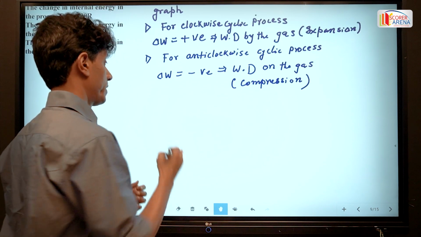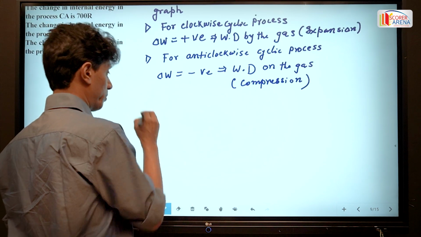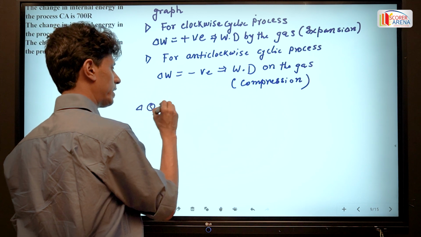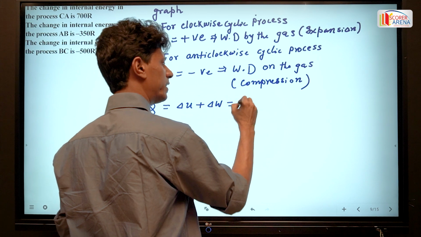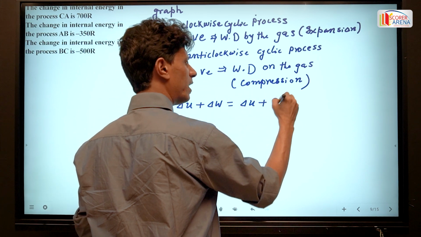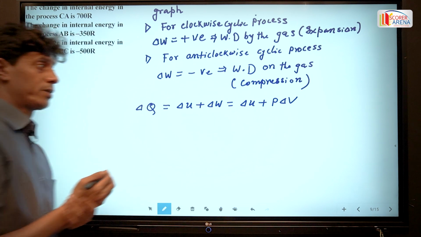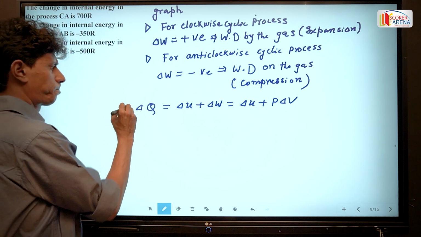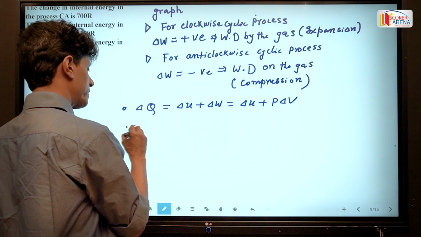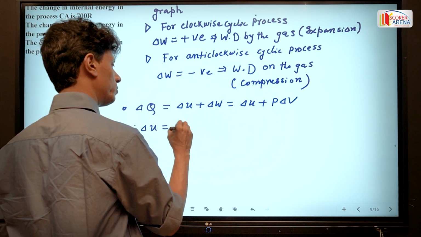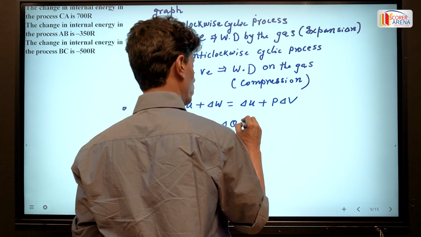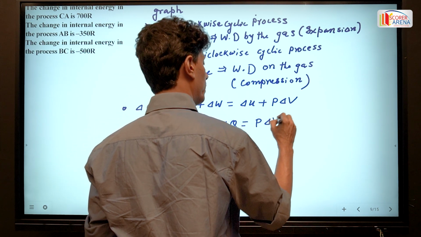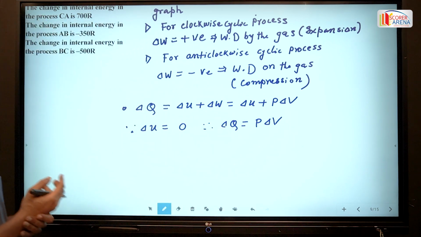So from the first law of thermodynamics, we can say del Q is equal to del U plus del W, and it is del U plus P del V. So in a cyclic process, since del U is equal to 0, we can write del Q is equal to P del V. So work done by the system, that is heat supplied.